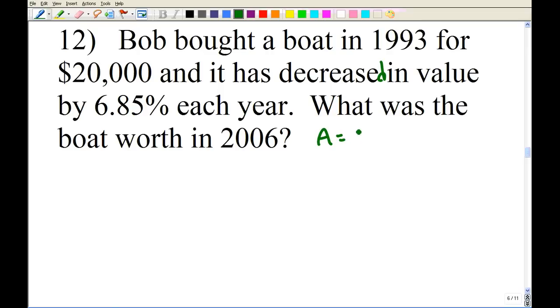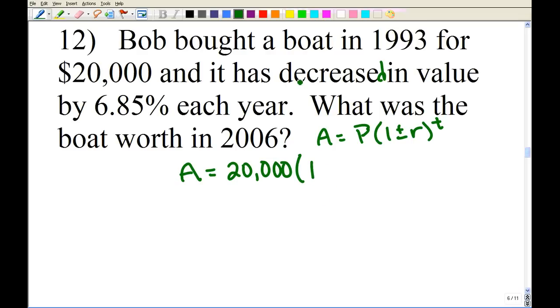A equals B times 1 plus or minus R raised to the T. Okay, so we're looking for what was it worth in 2006. So that'll be our final amount. Our initial amount was 20,000. It's decreasing in value, so that means we're going to have 1 minus that rate of 0.0685.